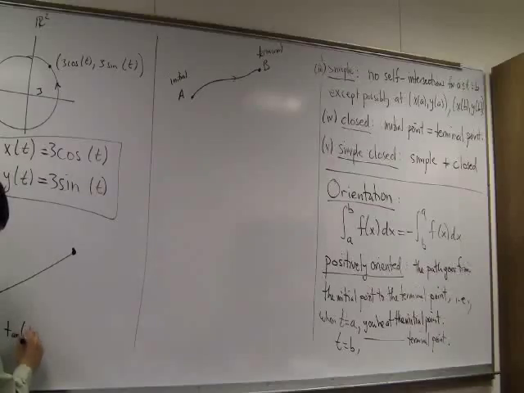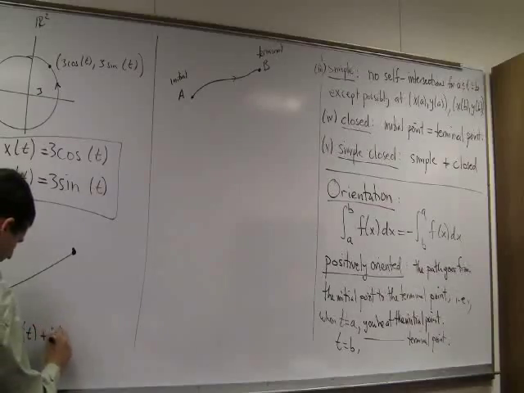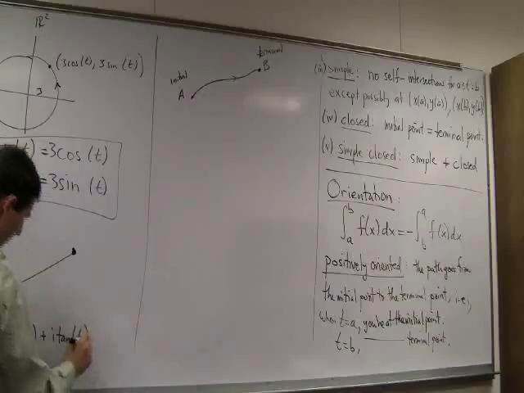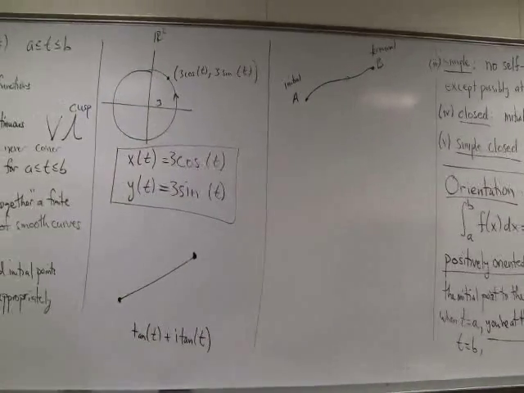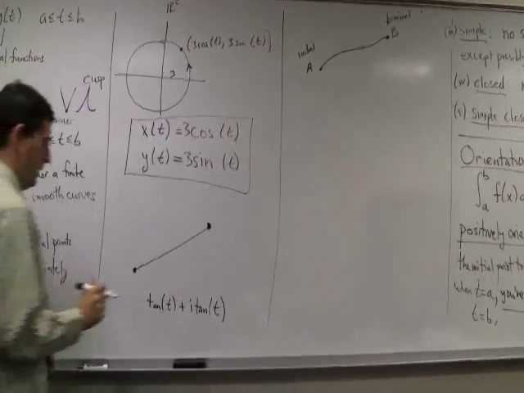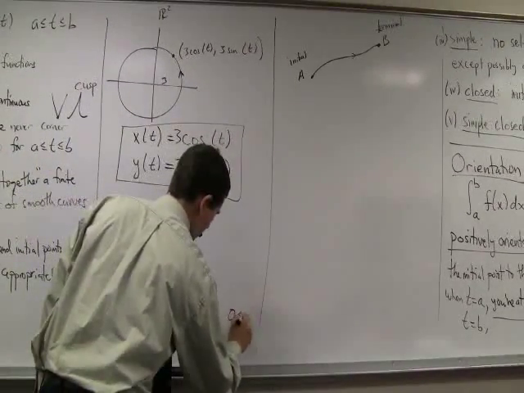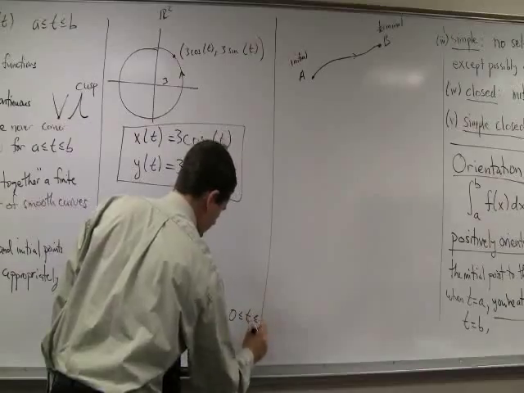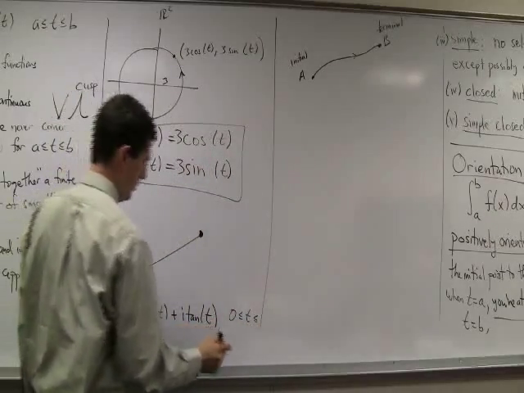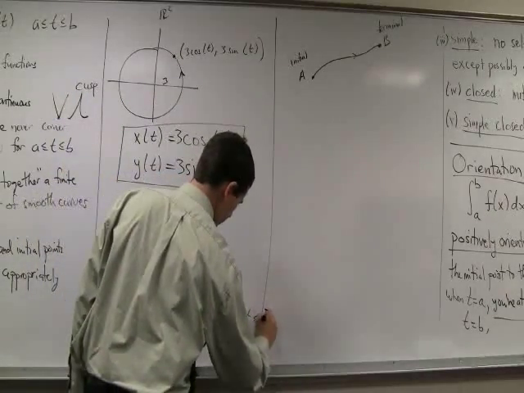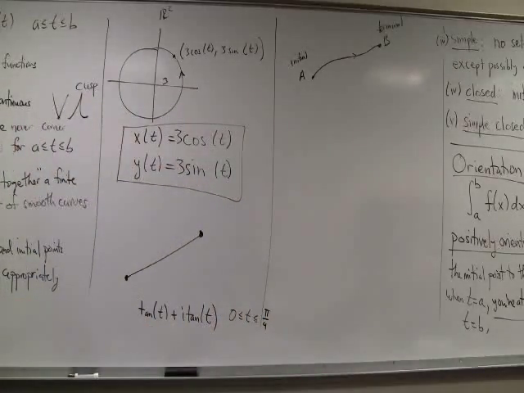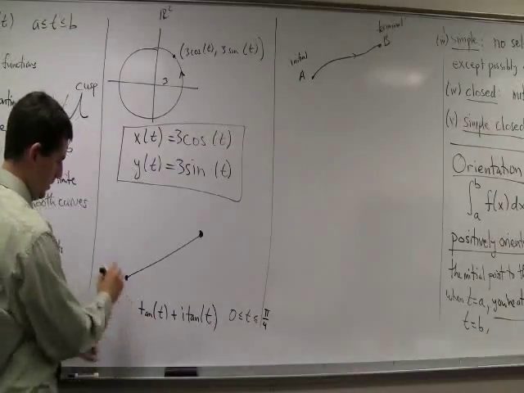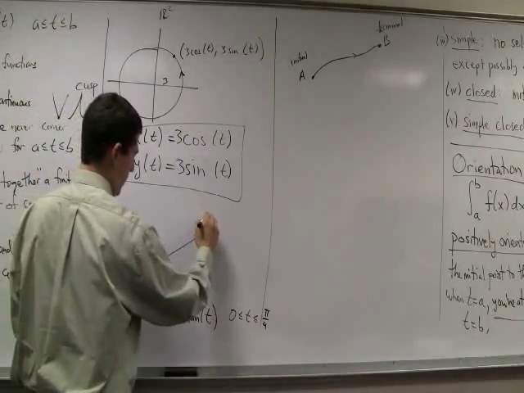Tan of t plus i tan of t. Let's say t here is going from 0 to pi over 4, so that when, say, that's the point 0 and this is the point 1 plus i.